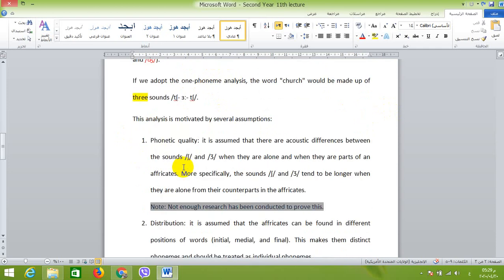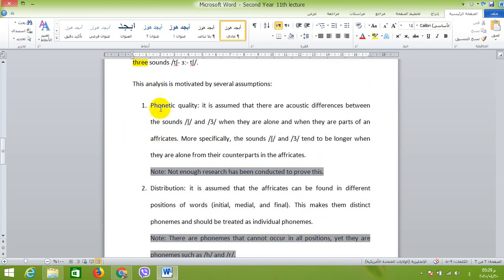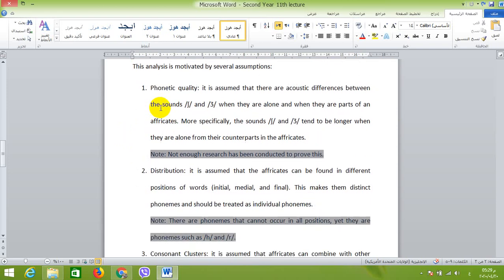But scholars who believe in this analysis also have their own reasons. One of the reasons is that, phonetically speaking, and when we say phonetically speaking, we are talking about the actual phonetic and acoustic features of the sound, like length, density, pulse, formants, etc. It is assumed that there are acoustic differences between sh and j when they are alone and when they become parts of an affricate.